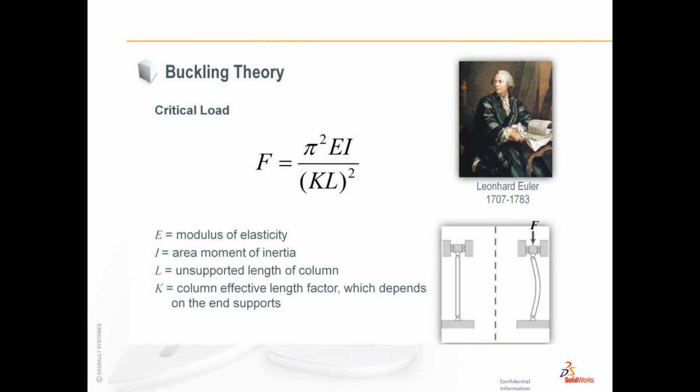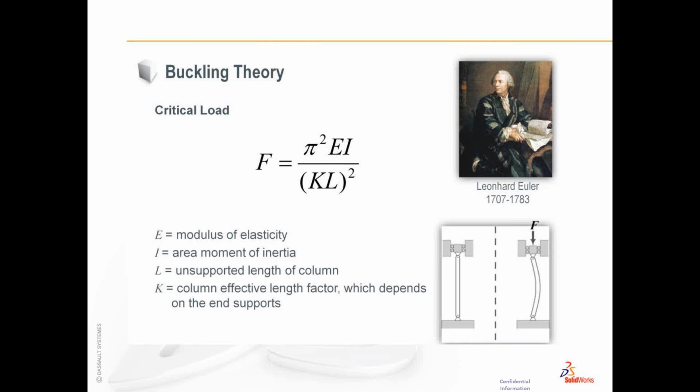On the left, you see the force that the structure is exposed to. That's the force we're trying to determine, or what force magnitude would cause buckling. And on the right side, we have some characteristics of the structure itself. What we see right off is that the critical buckling force is proportional to the modulus of elasticity of the structure. So the stiffer the structure, the more resistance it has to buckling, which makes sense.